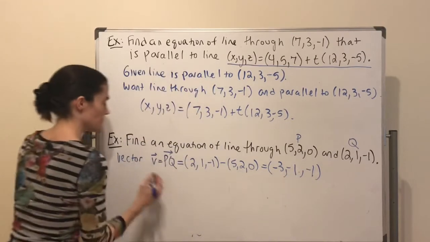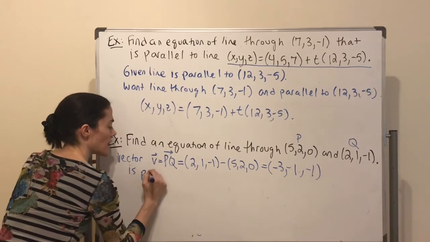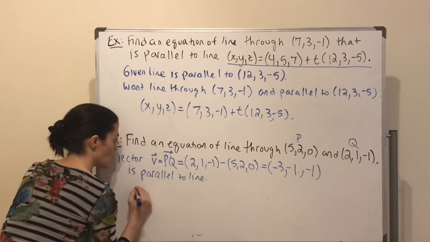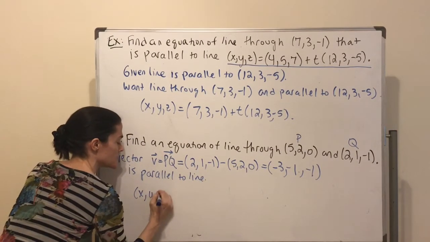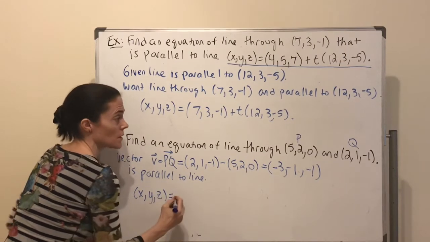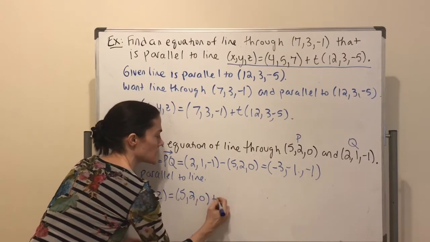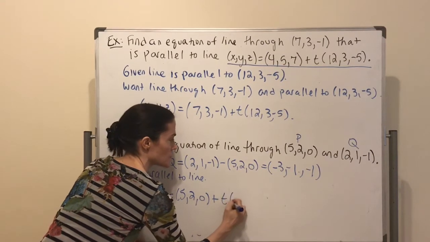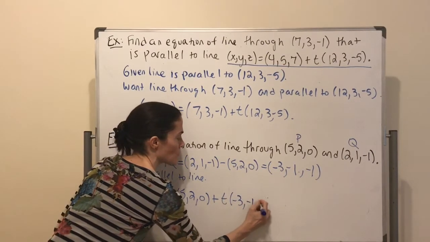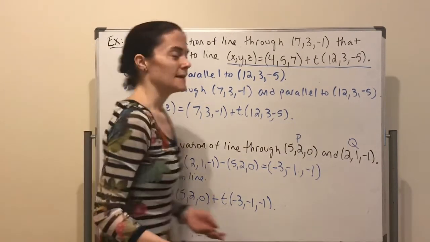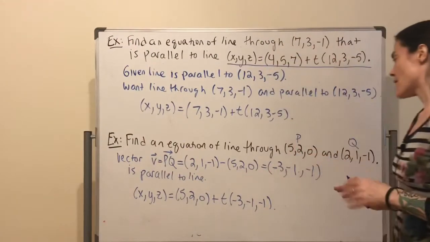This vector is parallel to the line, and so we can take x, y, z equals (5, 2, 0) plus t times (minus 3, minus 1, minus 1). And this gives us a vector form for this line.